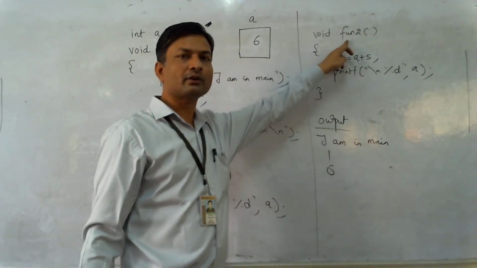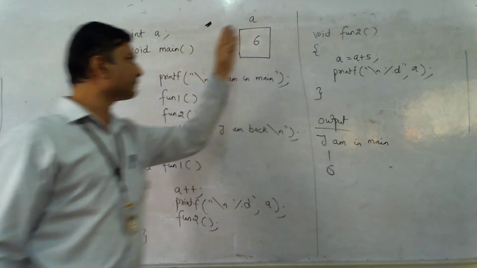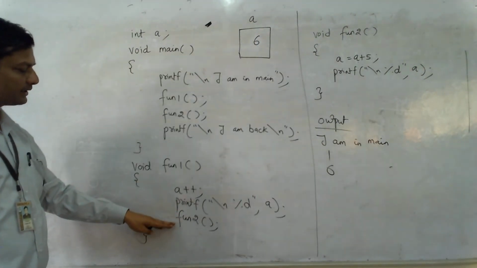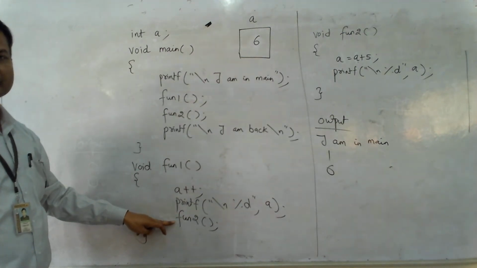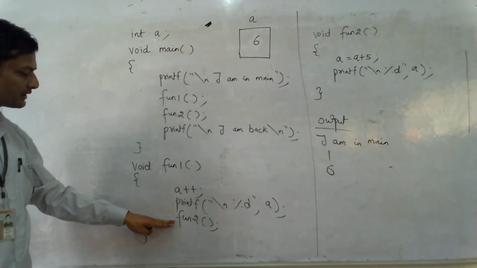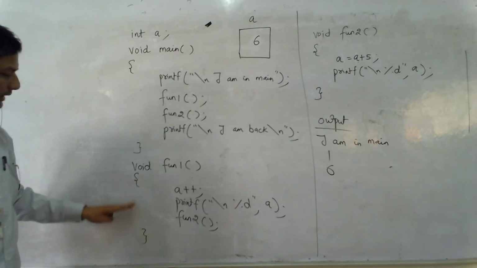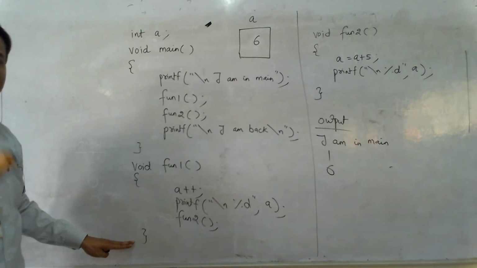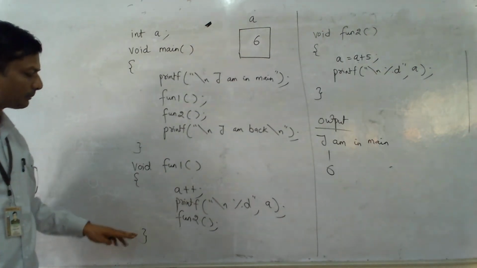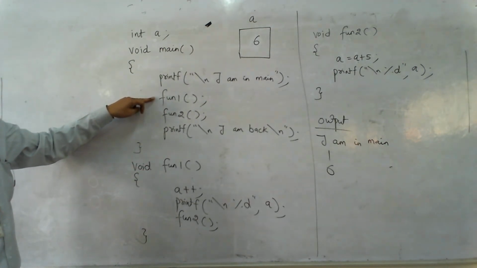From where did it come to fun2? It came from this place. So the control returns back to this place. After returning, we see that the execution of this statement is completed, and along with it, the execution of fun1 is completed. And after completing fun1, the control returns back to the place from where it came.